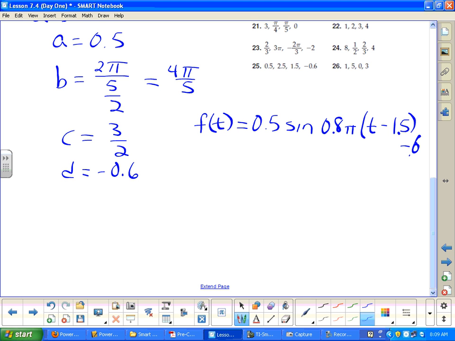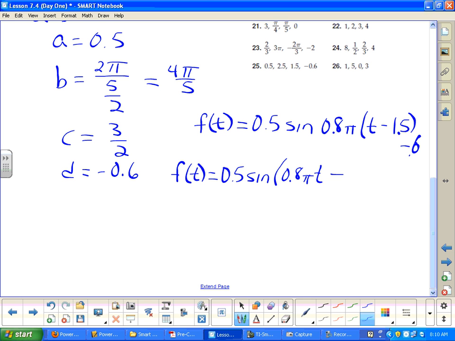So if we expand it, we have f of t equals 0.5 sine of (0.8 pi t minus, okay, what's 0.8 times 1.5? What's 8 times 1? What's half of 8? 4, and 8 and 4 is 12.